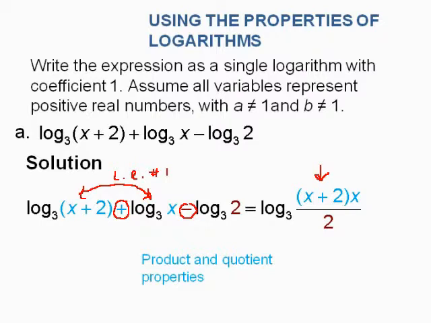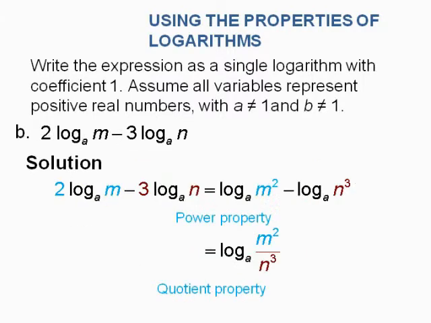And when you have the subtraction with that same base, that gets written using log rule number 2 as division. So not only can you break up logs, you can also put them together in terms of one log.